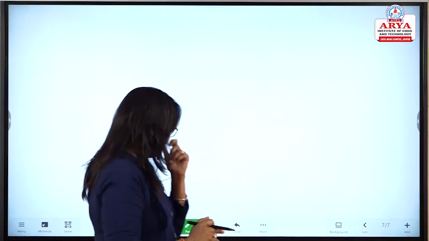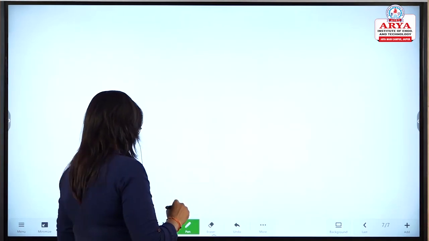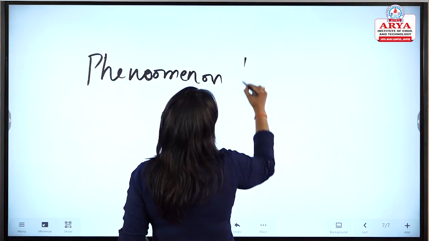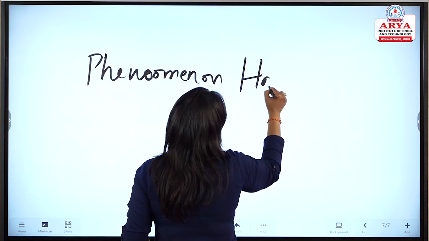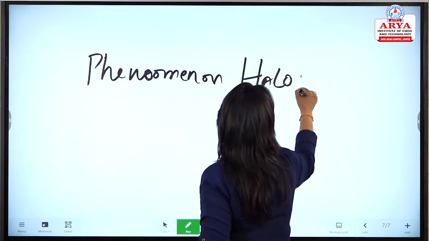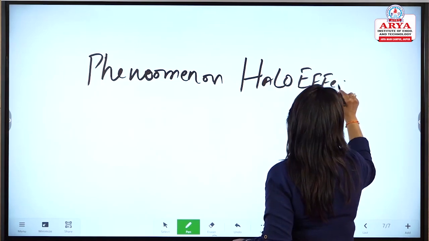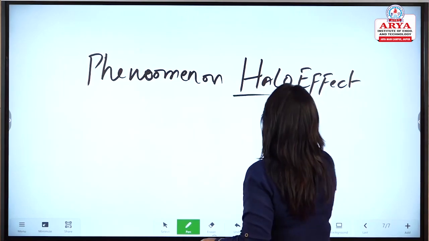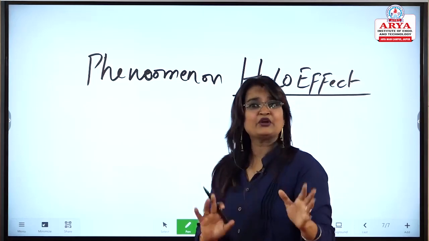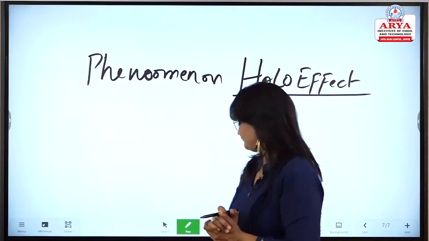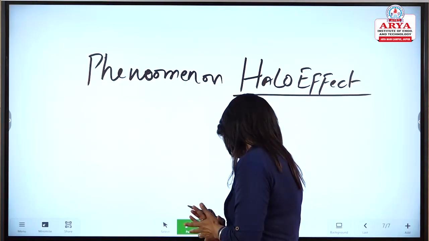Then, guys, in such a way, there is a phenomenon called the halo effect. Please remember, it is the halo effect. I will tell you what the halo effect is.